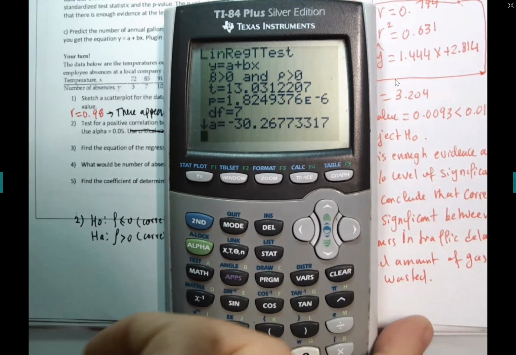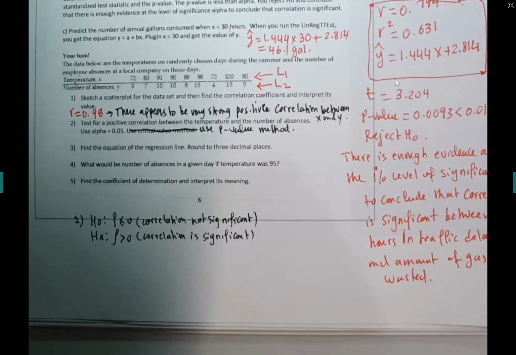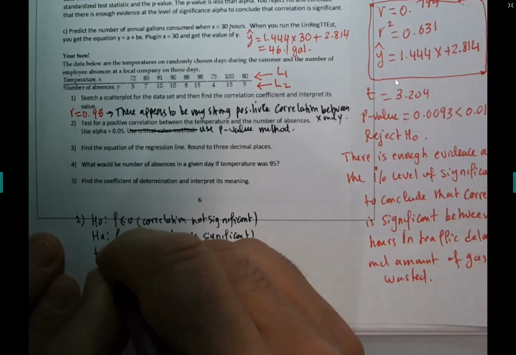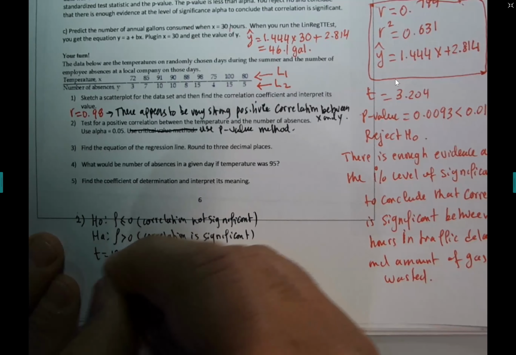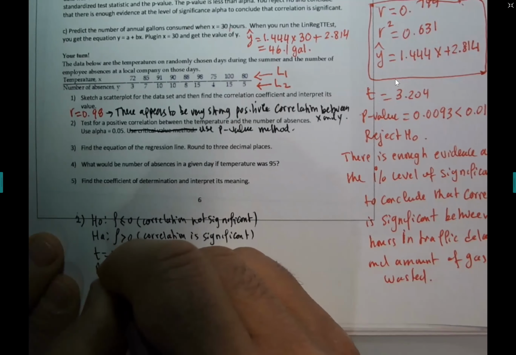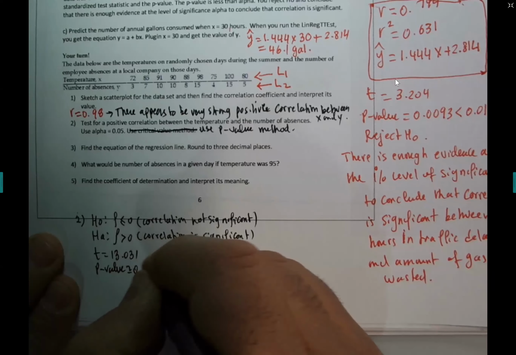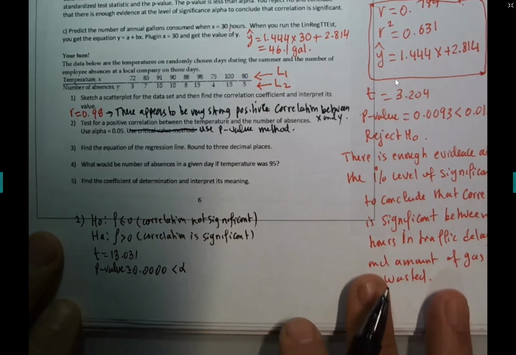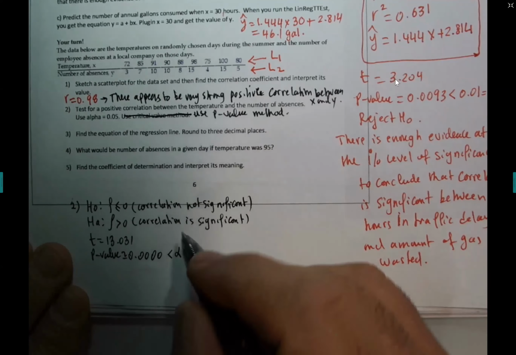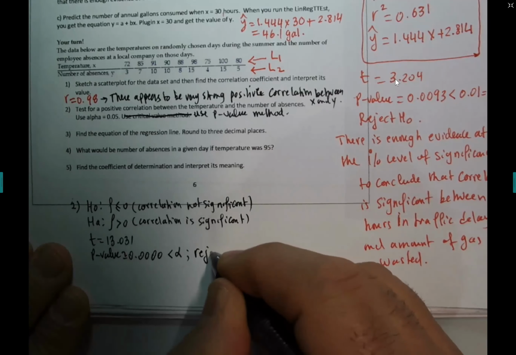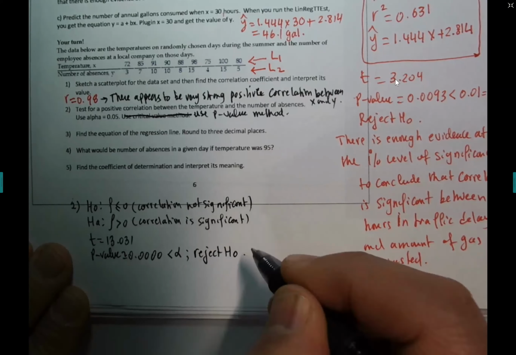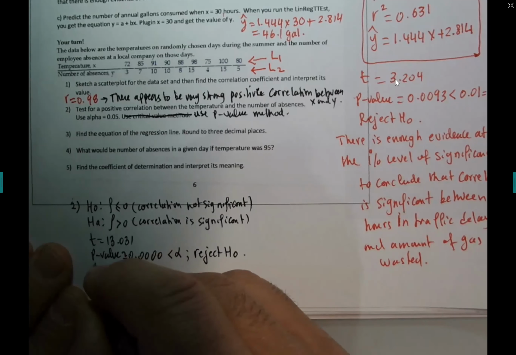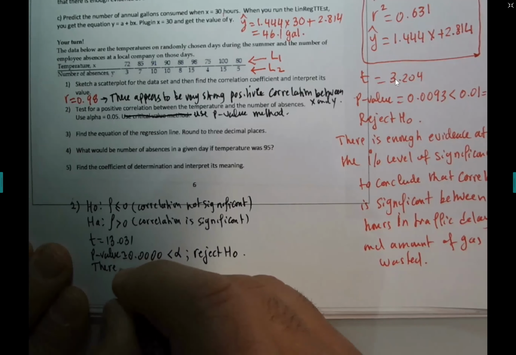So T is 13.031. Step number 2. P-value, I'm going to put almost 0, which is less than alpha. And if it is less than alpha, guys, you reject H0. And if you reject H0, conclude that correlation is significant. It's as simple as that.